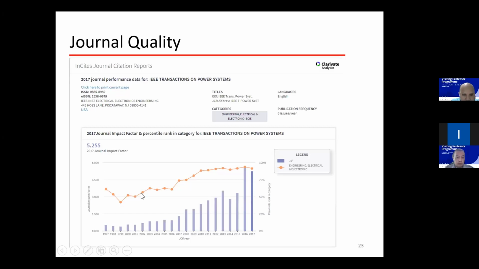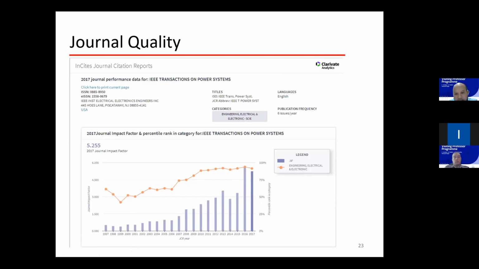So we can see the data, Journal Citation Report years from 1997 until 2017. So now it's until 2020. So we see the journal impact factor, the index that measures. You can see it's an increasing trend.